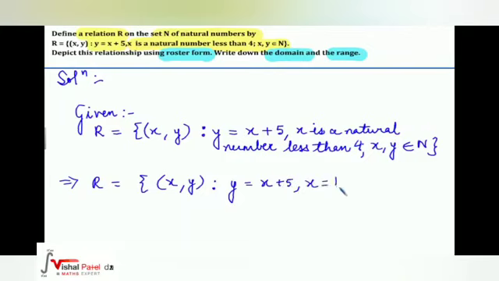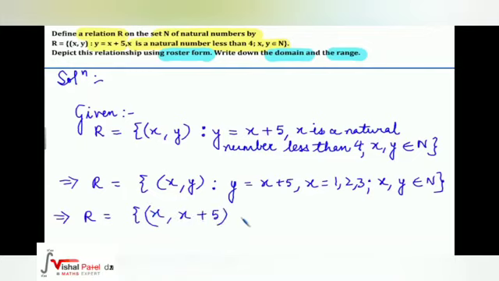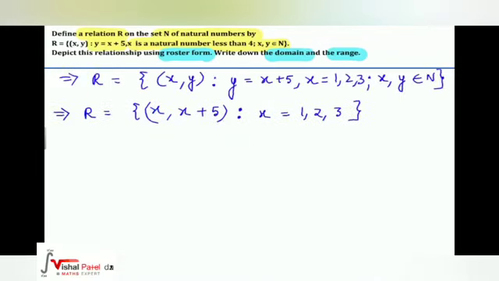Y belongs to N, and xy both belong to natural numbers. So our relation becomes x, y, where y is equal to x plus 5, where x is equal to 1, 2, 3, and xy belongs to N.